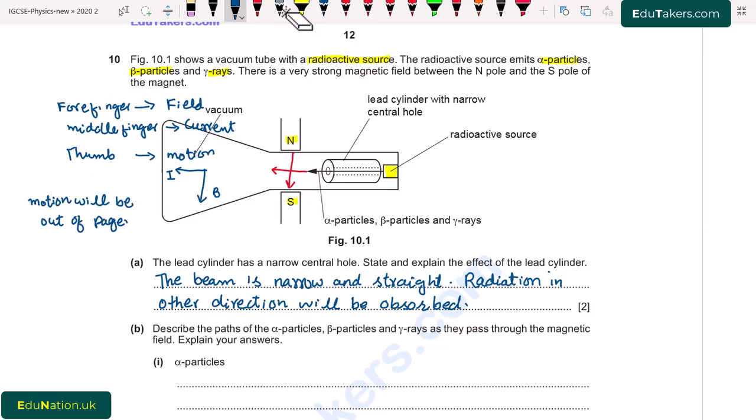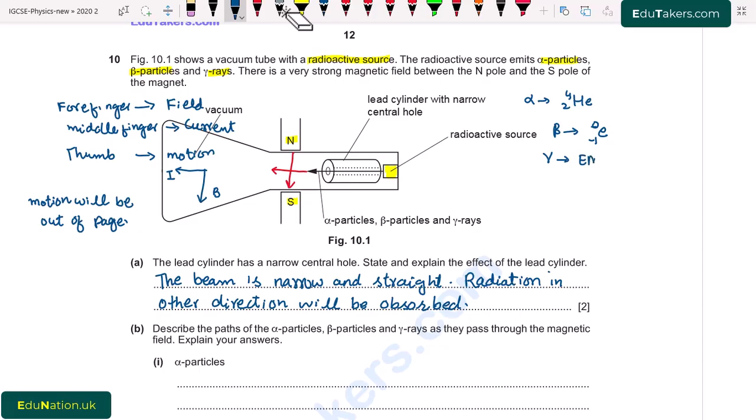So first of all, we have to know what alpha particles, beta particles and gamma rays are. Alpha particles are actually helium nuclei and these are positively charged, while the beta particles are negatively charged and are electrons. These are represented by 0 and -1.